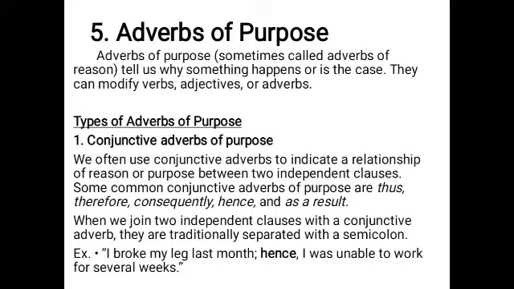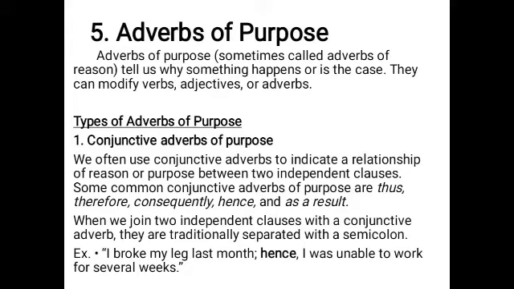So we often use conjunctive adverbs to indicate a relationship of reason or purpose between two independent clauses. Some common conjunctive adverbs of purpose are thus, therefore, consequently, hence, and as a result. When we join two independent clauses with a conjunctive adverb, they are traditionally separated with a semicolon.